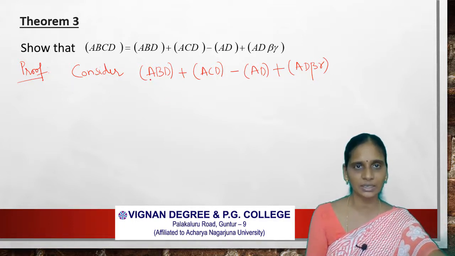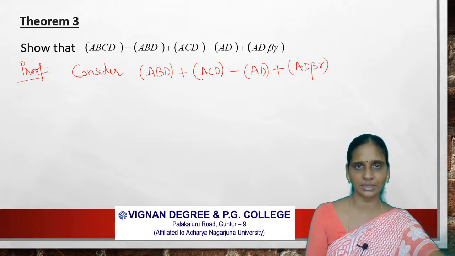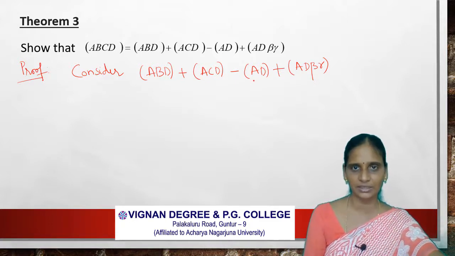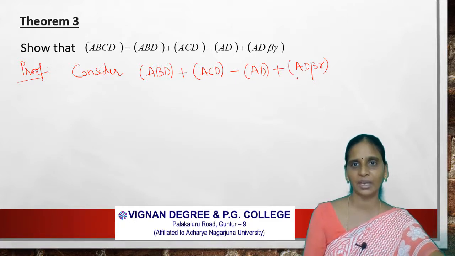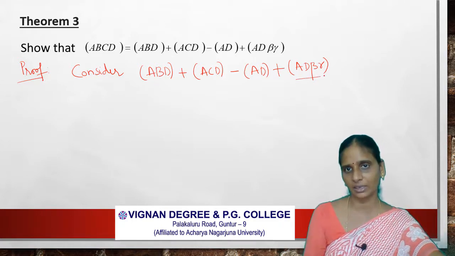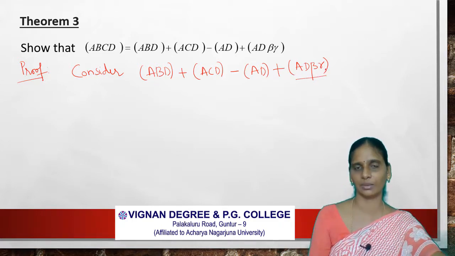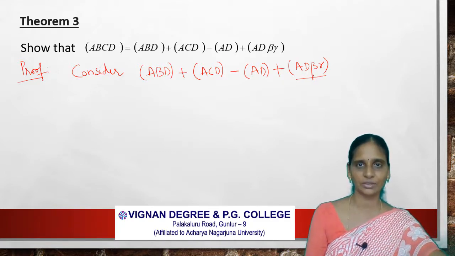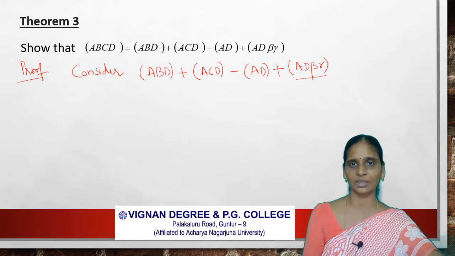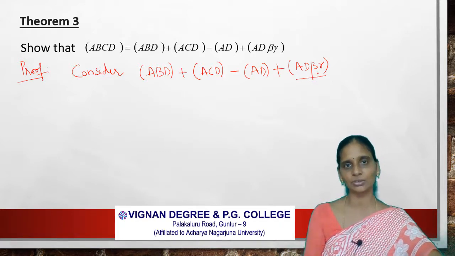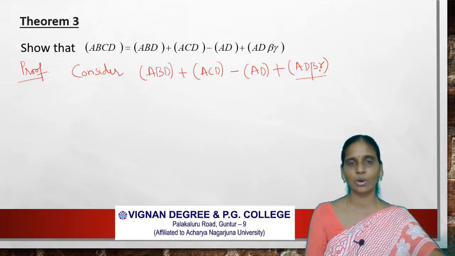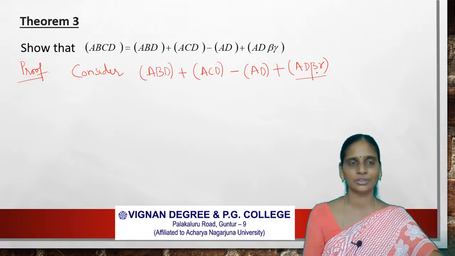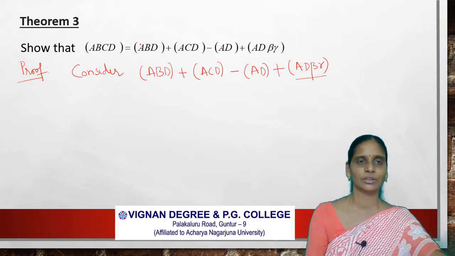So this is the third order class frequency, this is the third order class frequency, and this is the second order class frequency, and the last, frequency of AD beta gamma, is the fourth order class frequency. First we have to convert the second order class frequencies into third order, and then third order class frequencies into fourth order. Finally we get the value of the left hand side expression.